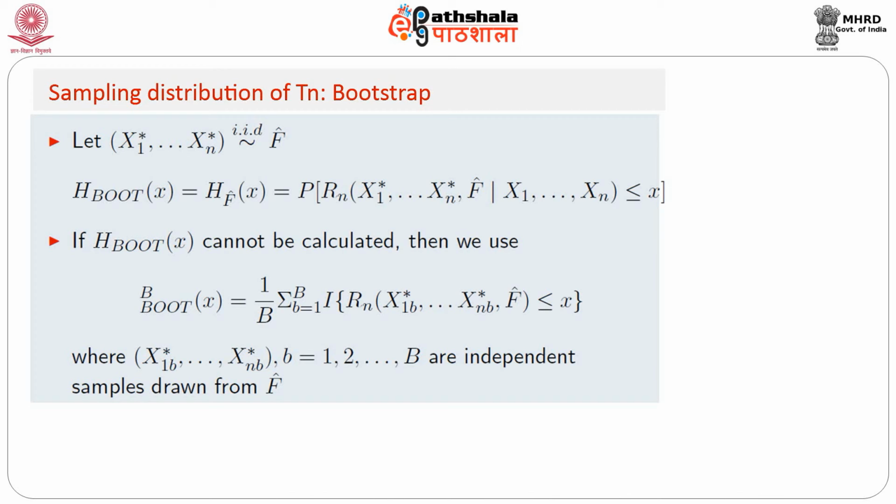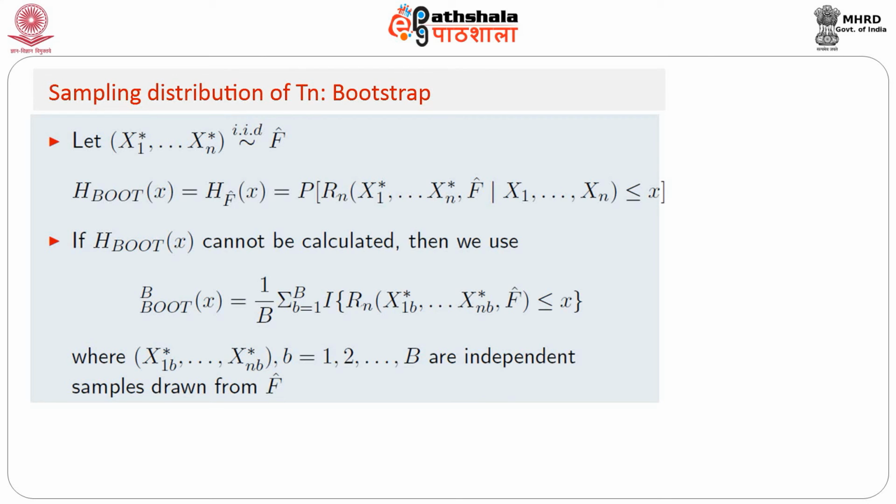If H boot(x) cannot be calculated, then we can use H boot B(x), based on B subsamples, which is 1 by B summation b runs from 1 to B of the indicator of Rn(x1 b star, ..., xn b star, F hat) less than or equal to x, where x1 b star to xn b star, b equal to 1 to B, are independent bootstrap samples.